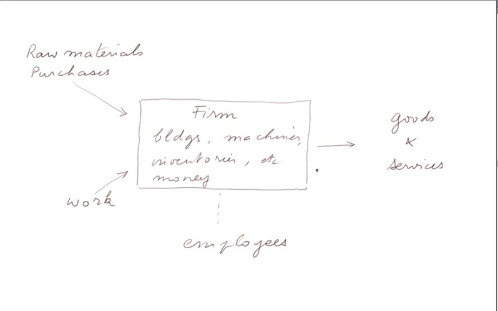Here is the firm. It owns buildings, machines, inventories, other things, and it has some money. It buys raw materials and other purchases. It buys work, and it produces and sells goods and services.